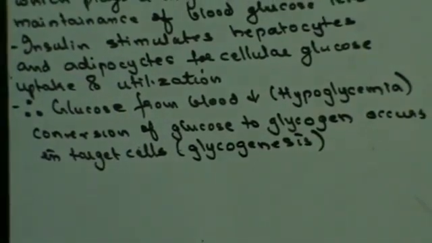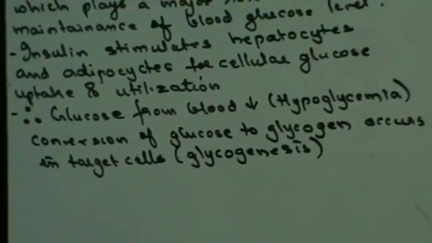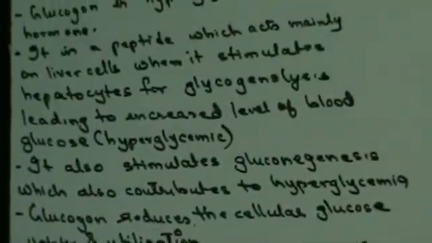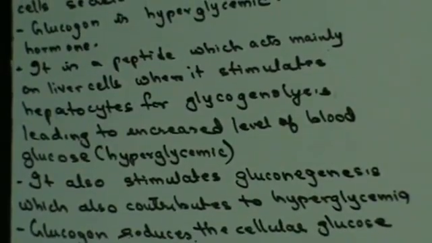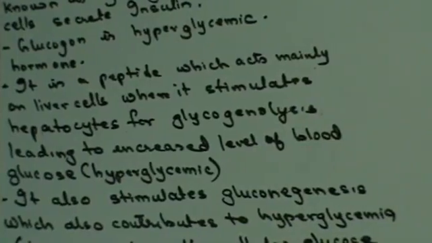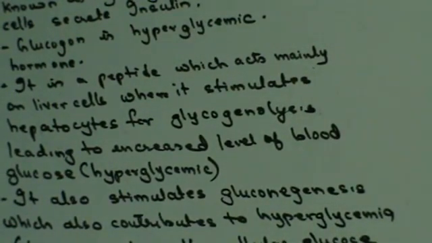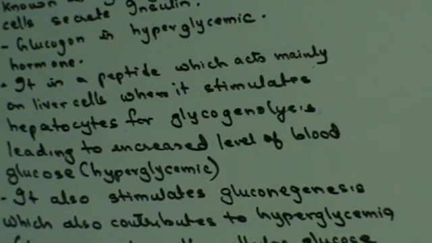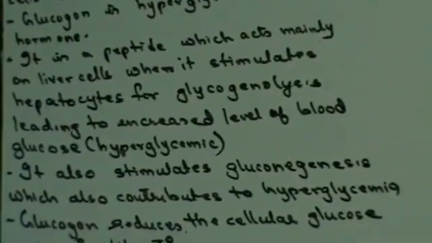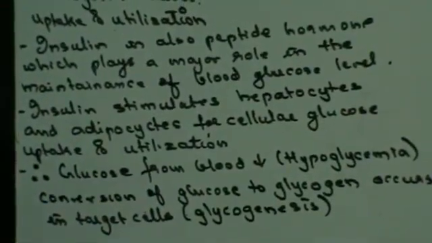So do we understand what the alpha cell does? The alpha cell will produce glucagon, which is hyperglycemic, which would act on the cells and lead to an increased level of sugar in the blood. Next are your beta cells. Beta cells would secrete insulin, which would lead to a decreased level of sugar in the blood.